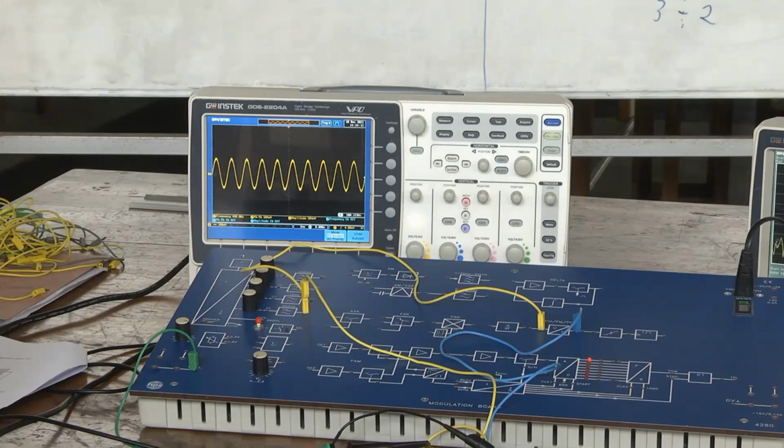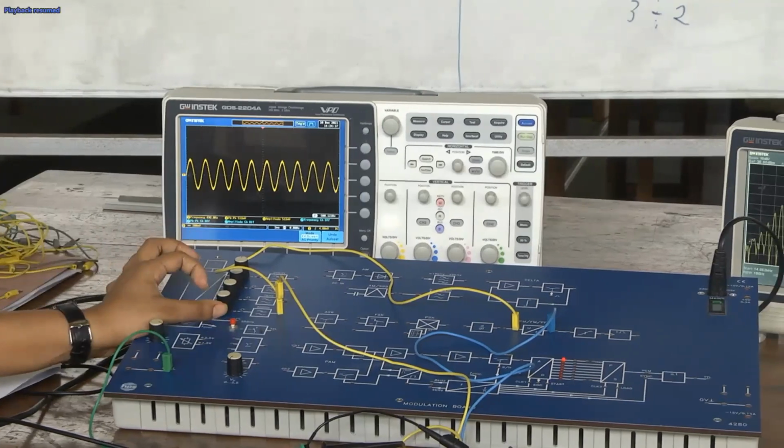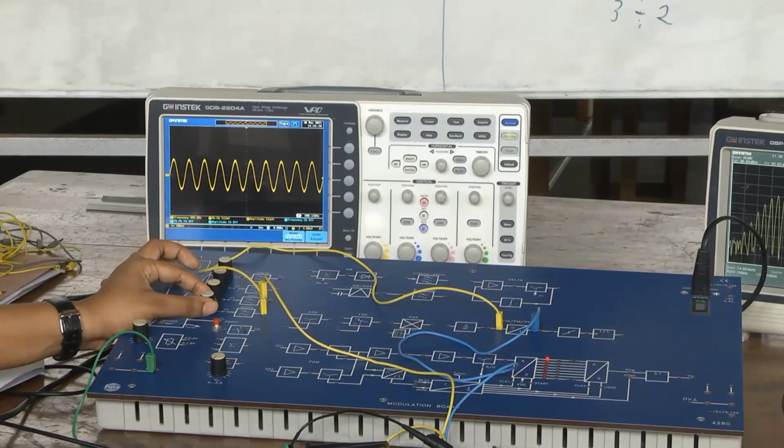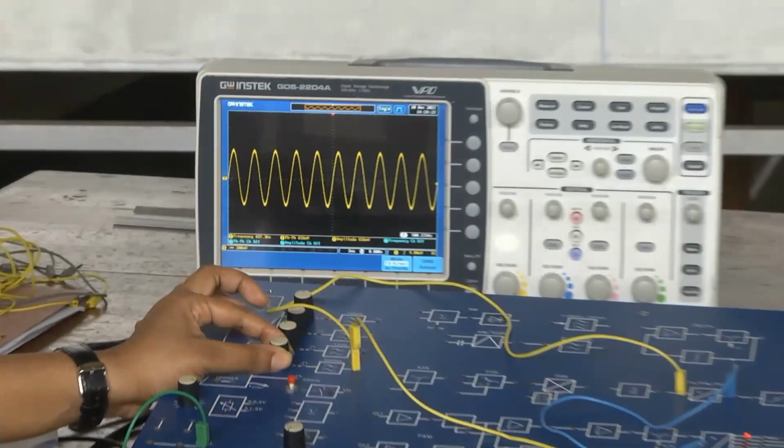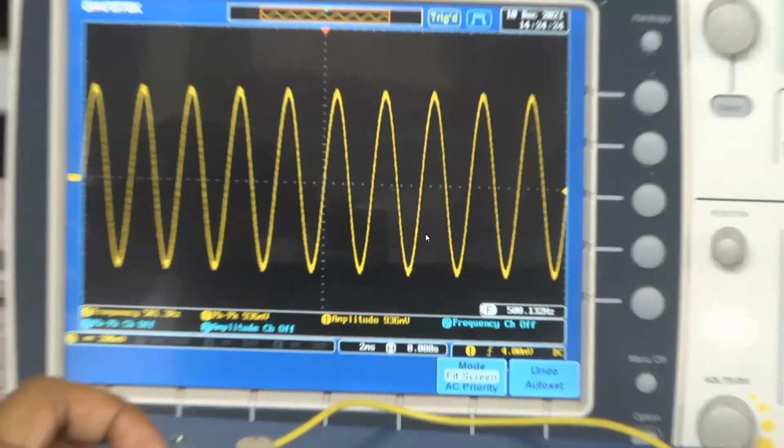Here you don't have to fill the table, but just note down the frequency values and calculate and check whether beta is higher than 1 or lesser than 1. Observe the frequency spectrums and waveforms, and I'll give you the waveforms at the end of this part. So I am increasing the voltage to 1 volt. The amplitude is changing here, you can see.